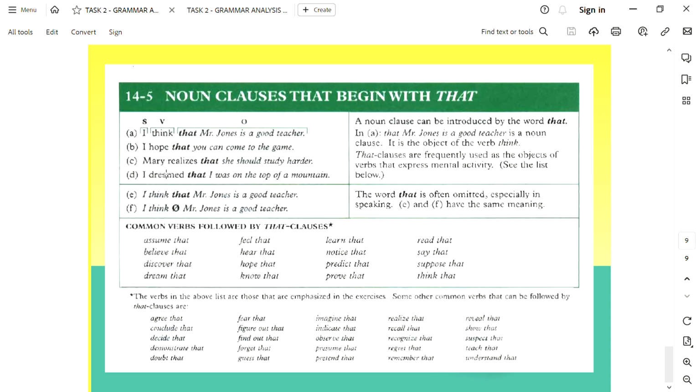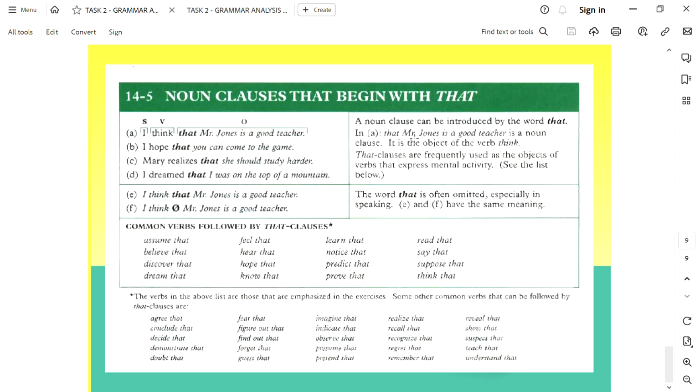Mary realizes that she should study harder. I dreamed that I was on the top of a mountain. After that, you can see there are subjects and verbs, so it is the form of a noun clause.